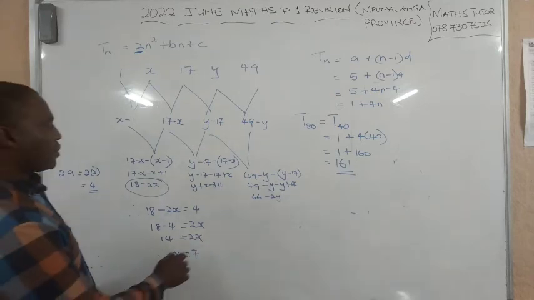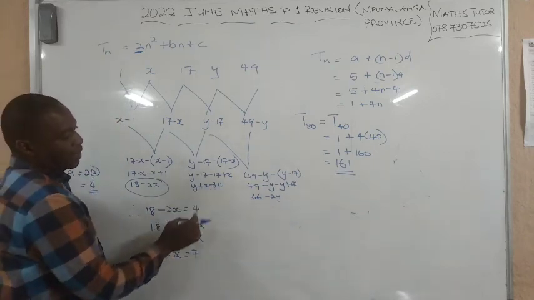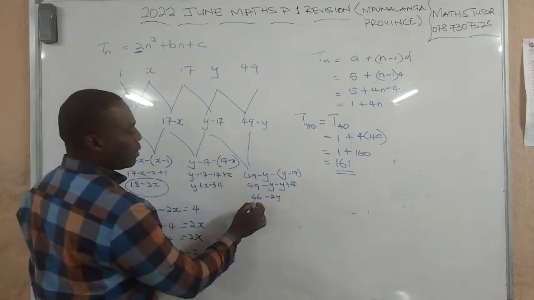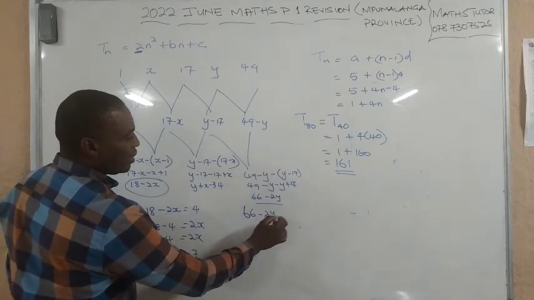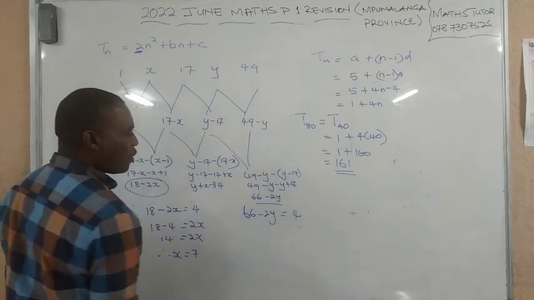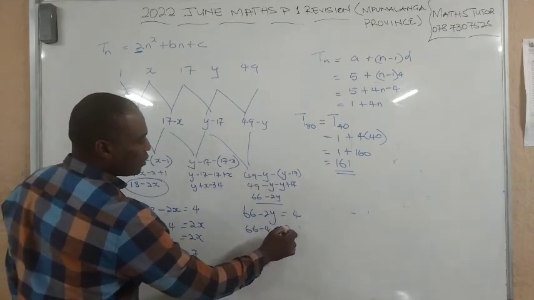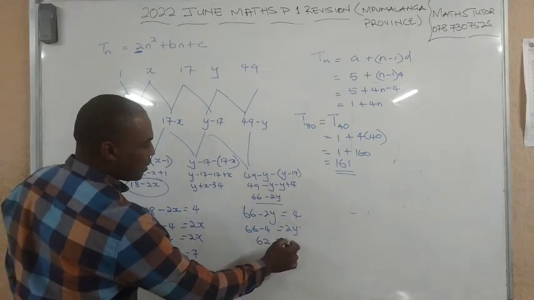And since this one is having x and y, it will take time to get y. So it's better we use 66 minus 2y should be 4 also. That is 66 minus 4 is equal to 2y, which is 62 is equal to 2y.